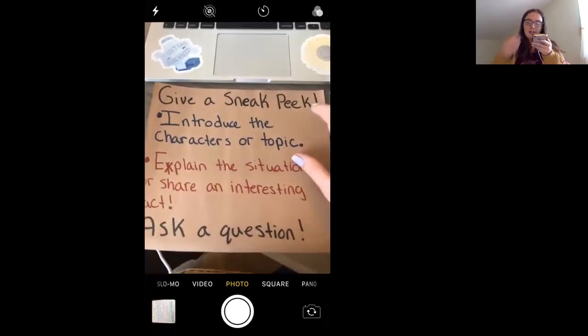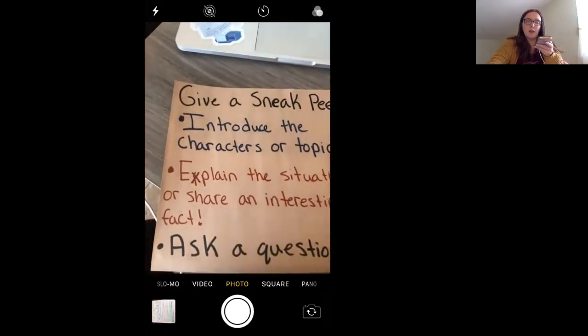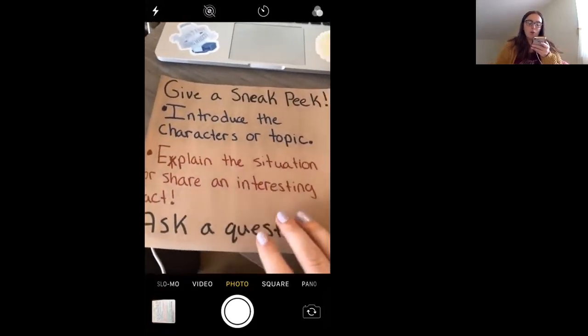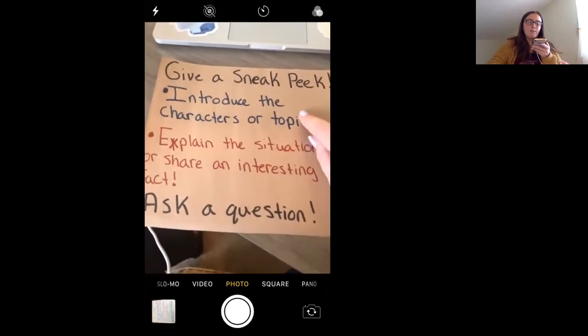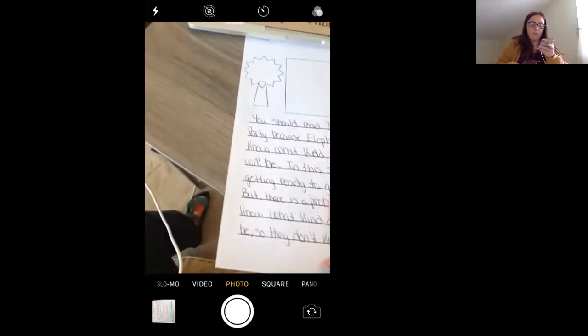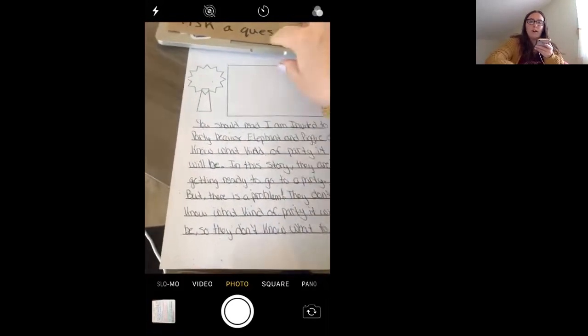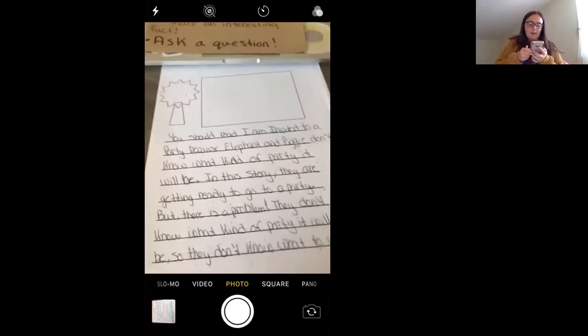So I did this in my writing today. I'm going to underline parts to show you an example of how to introduce the character or the topic. So I'm going to do that right now. I'm going to highlight that where it says give an introduction.